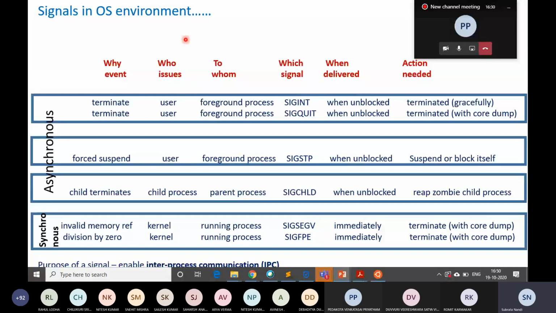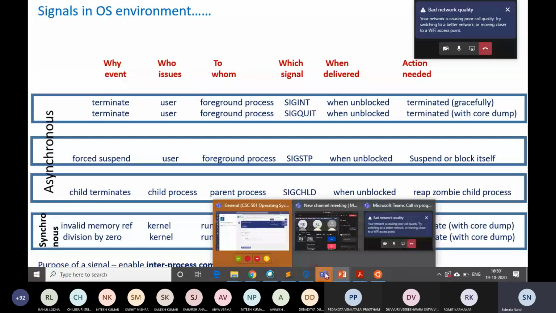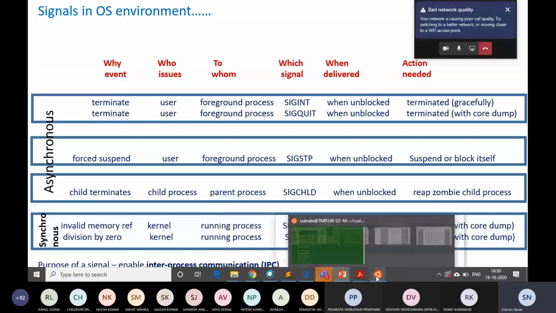If we take some examples in the operating system, the SIGINT, this is one signal that we'll see. Let us first check it.